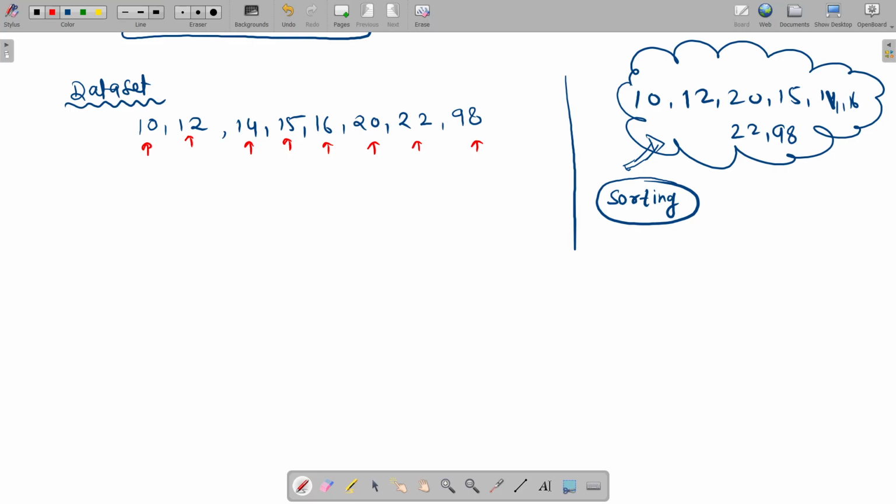So here we have 8 data points. Observations means the total number of data points. So here we have a total of 8 observations.